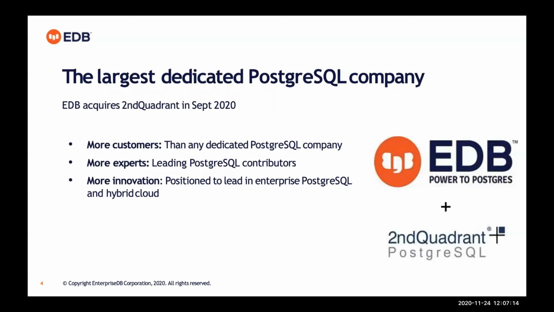With this acquisition, Enterprise DB has become the largest dedicated PostgreSQL company. So what does this mean to us? Of course, EDB is now the largest dedicated PostgreSQL company. But it also means that Enterprise DB has more customers than any other dedicated PostgreSQL company, right? It also means we have more PostgreSQL experts, more community contributors, more committers, and more innovations.